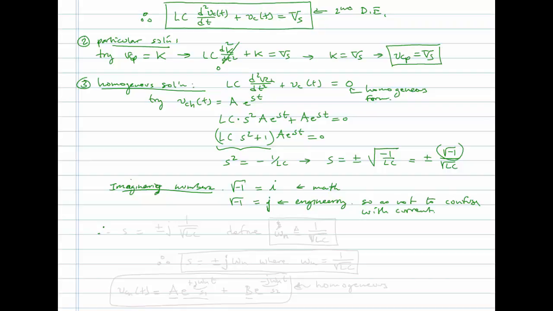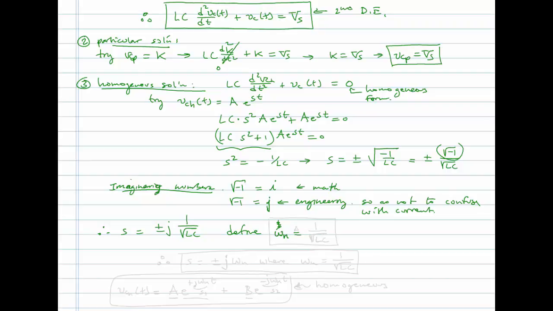Okay, so we have therefore our solution: s is equal to plus or minus j times 1 over the square root of LC. Now we're going to give this 1 over square root of LC a name. We're going to say that it is a frequency omega n.